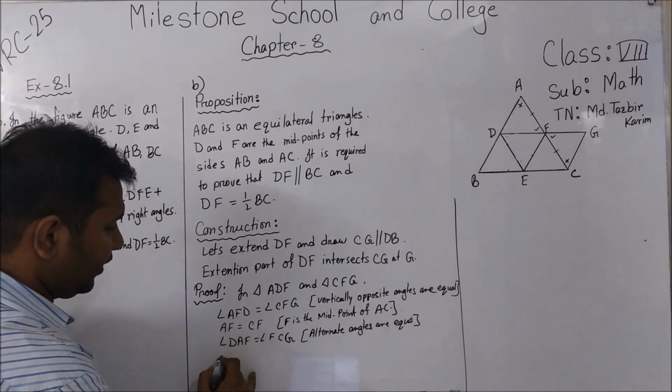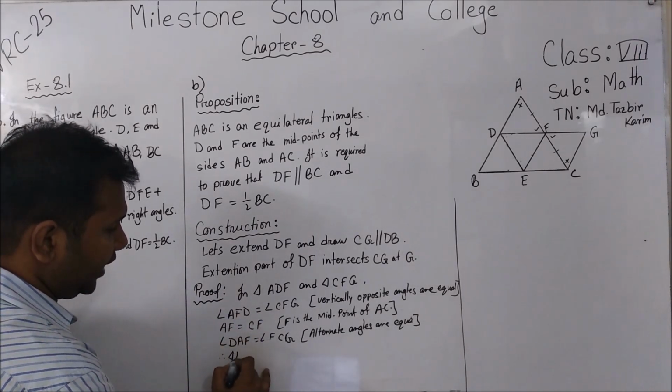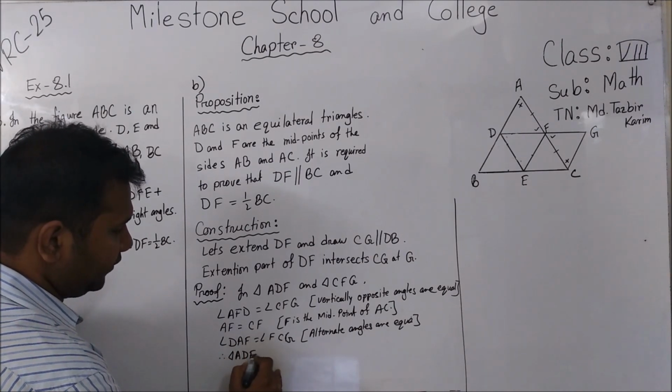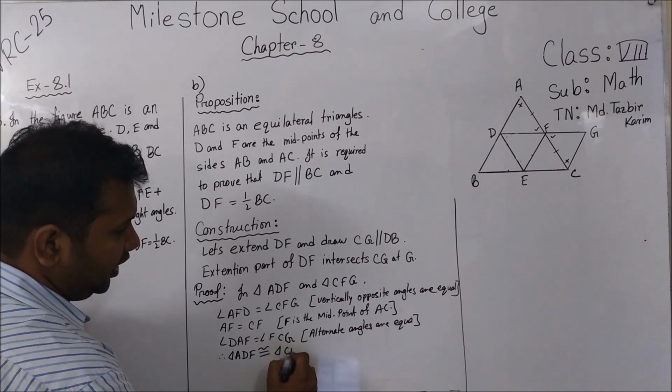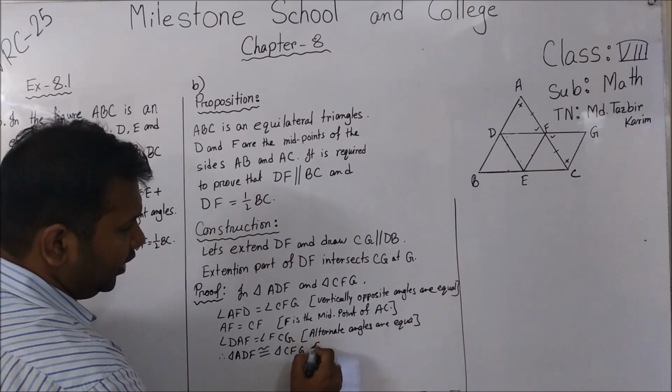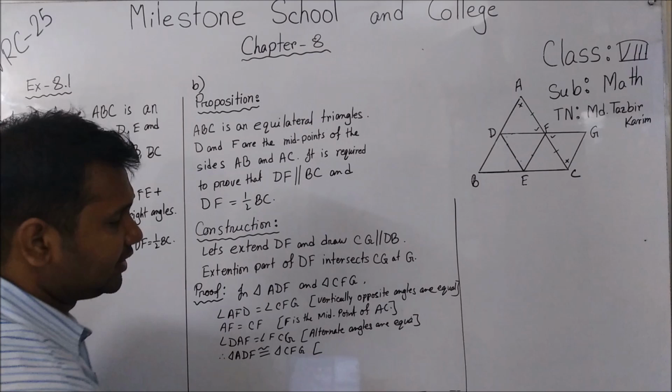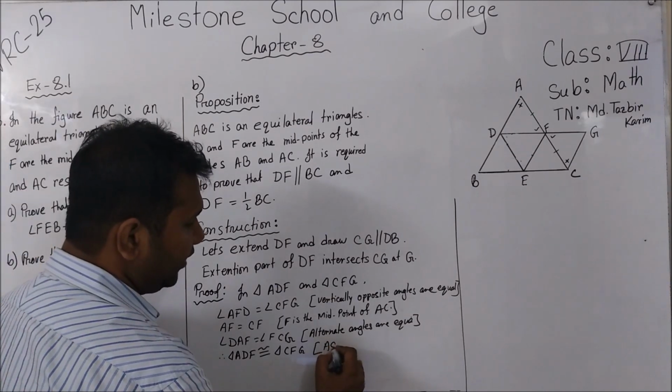So we can say finally, therefore, triangle ADF congruent triangle CFG, and by which theorem? Angle side angle. So ASA theorem.